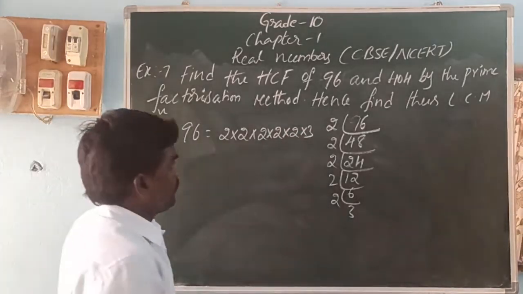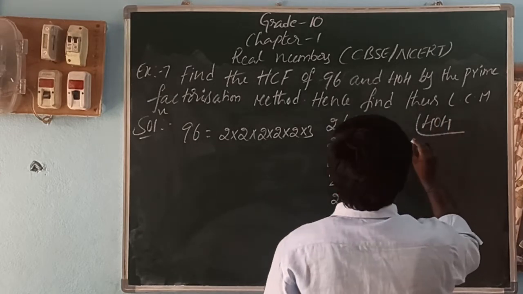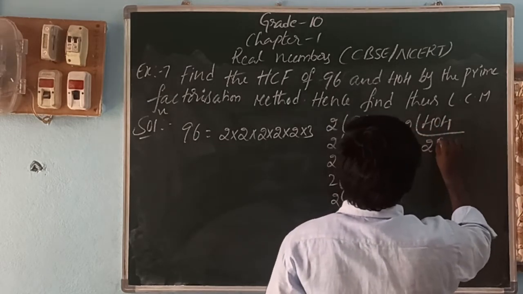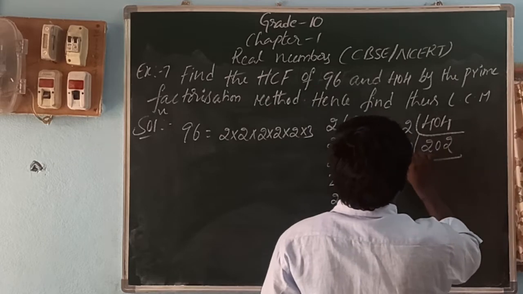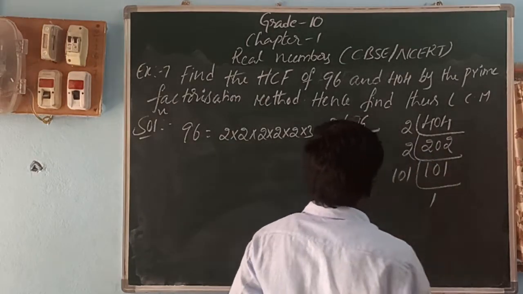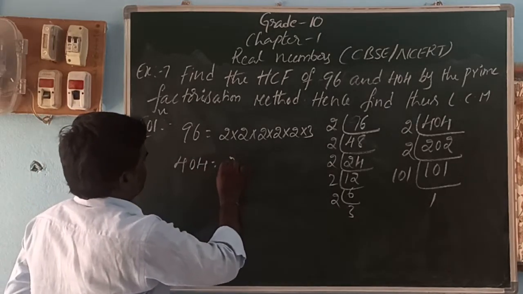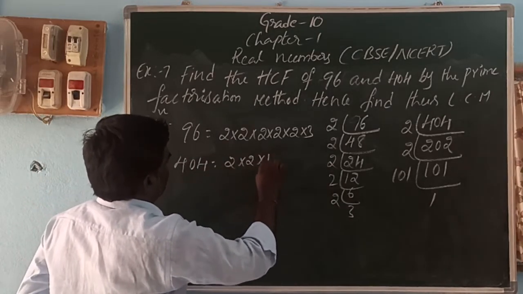Next 404: 2 times 202 is 404, 2 times 101 is 202, and 101 is prime. So 404 is 2 into 2 into 101.